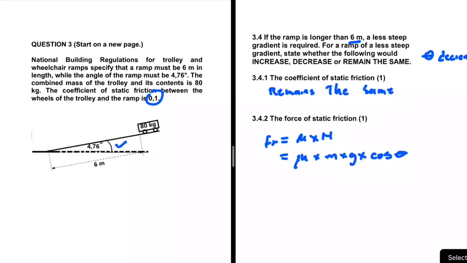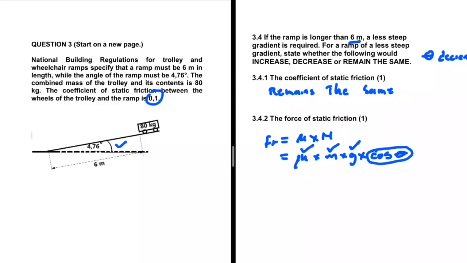So take a look at this. We know that the coefficient will stay the same. The mass stays the same. The gravitational acceleration stays the same. So it's up to cos θ. Obviously, what I'm saying is true. It is scientific.